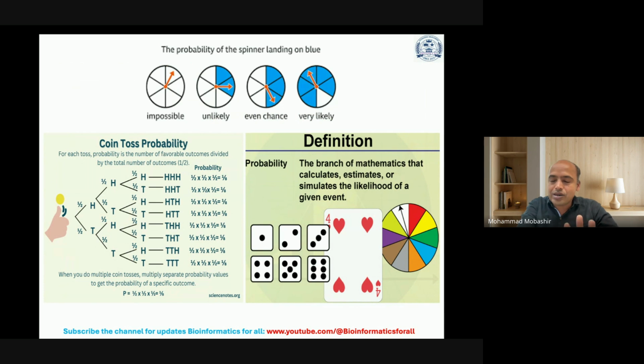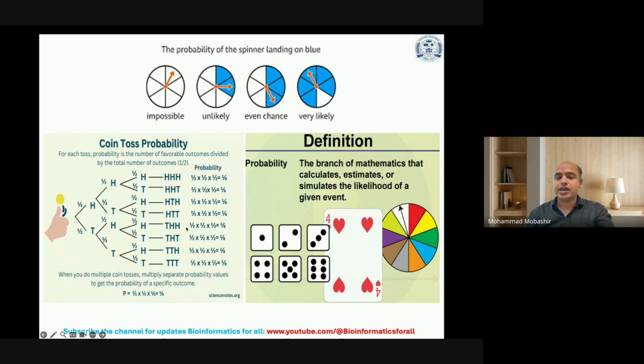We are just talking in terms of wording, not accurate values. When you have 50% of the blocks with blue color, you have an even chance. But when all the blocks except one are blue, that means it is very likely to get blue. The same thing can be understood for coin toss probability, which is here.